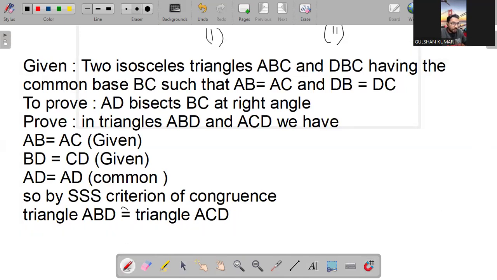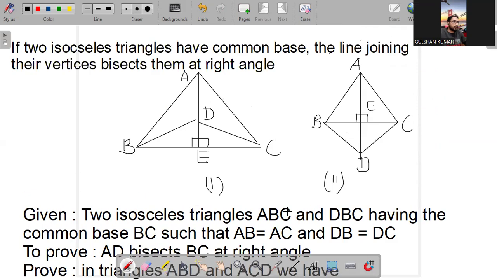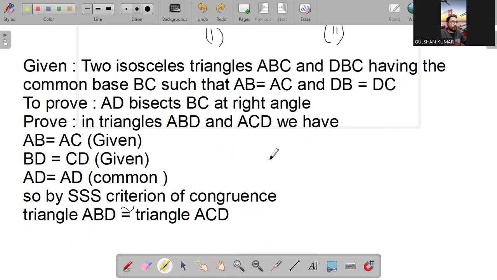Now congruency is clear: with the help of the SSS criterion of congruence, this triangle with the common side AD and this triangle with the common side AD are congruent. Both triangles ABD and ACD are congruent now.